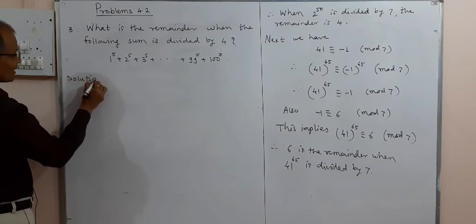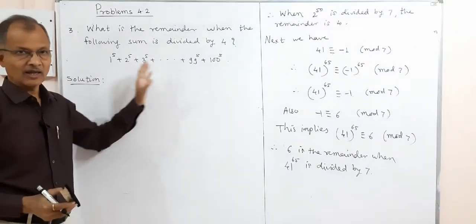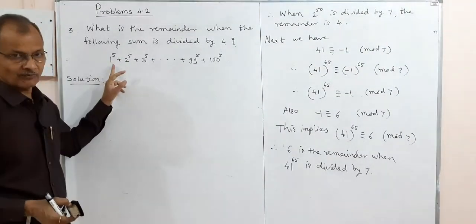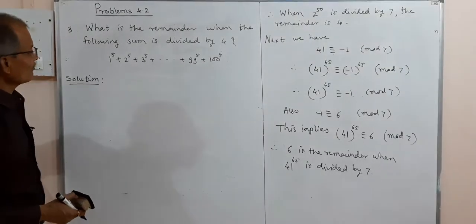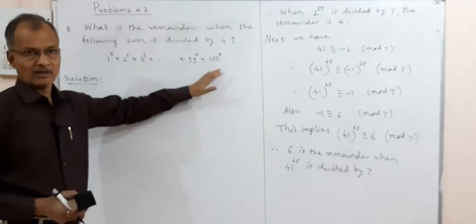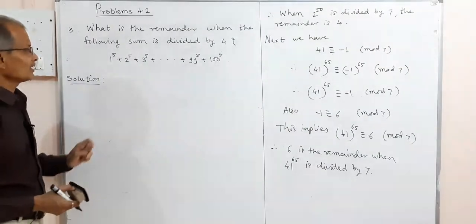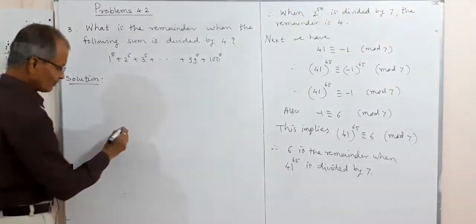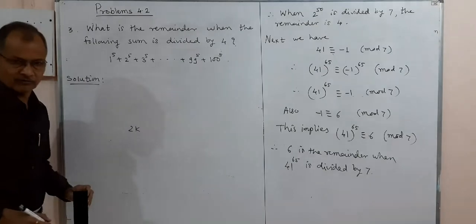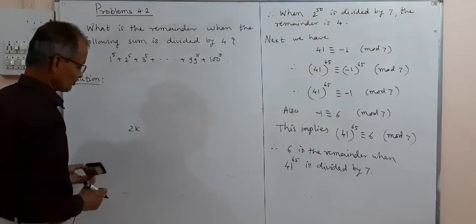In this sum, the numbers are from 1 to 100 and the power is taken as 5 of each integer, and then they are added. So from 1 to 100, we can consider the numbers in two parts, even and odd. Every even integer can be written in the form 2k, a multiple of 2, and we shall see what is the fifth power of that number.